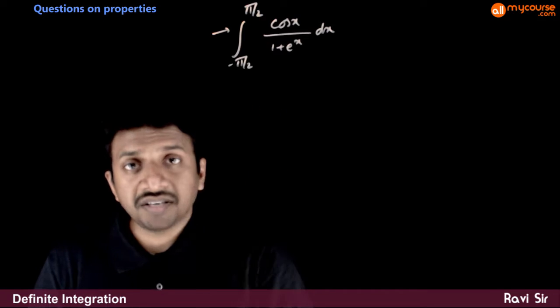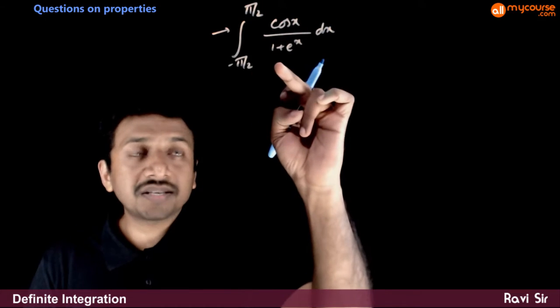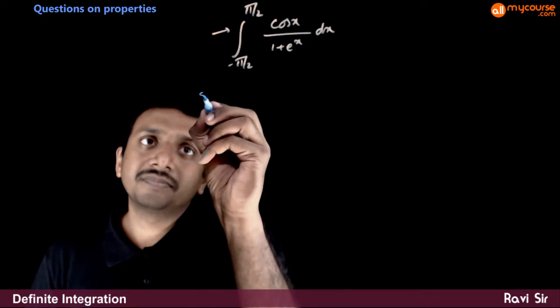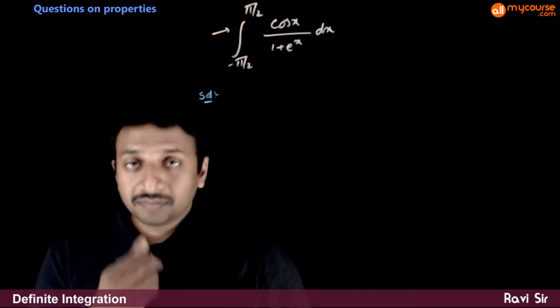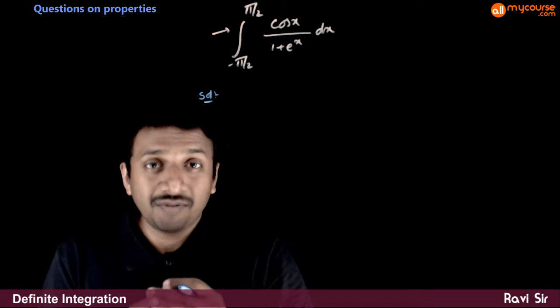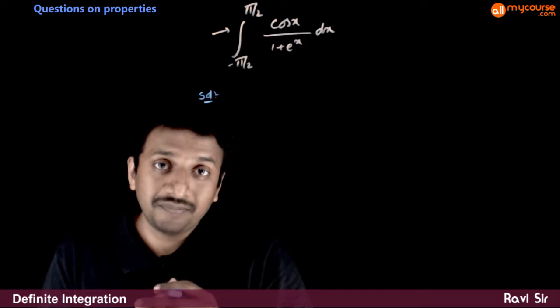So let us take this integration: integration minus pi by 2 to pi by 2 of cos x by 1 plus e power x dx. Whenever the limits are of the form minus a to a, the first thing that we do is check whether the function is even or odd.